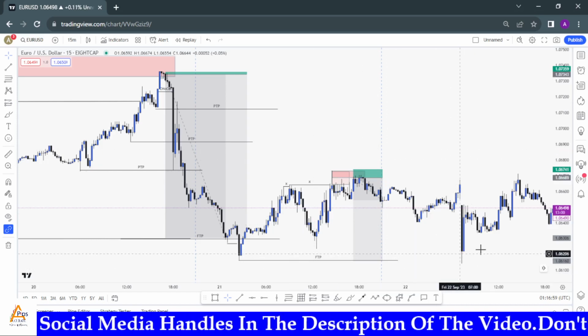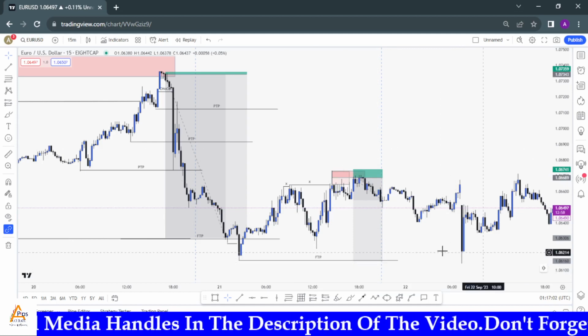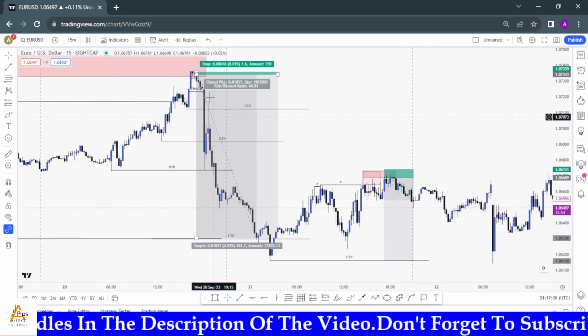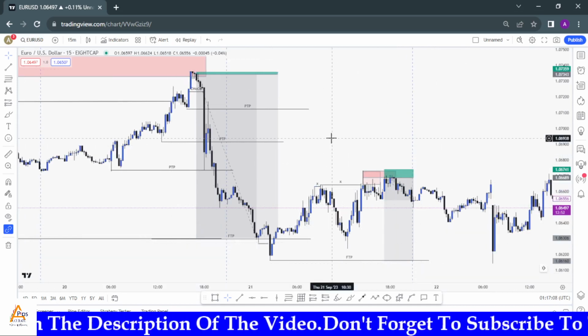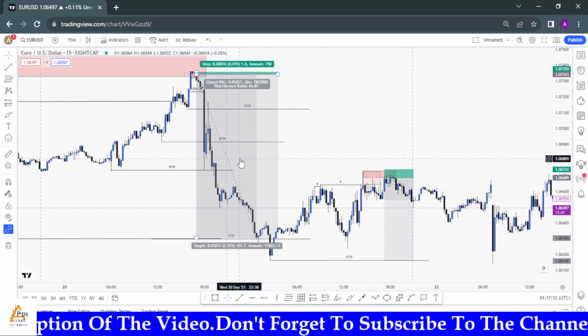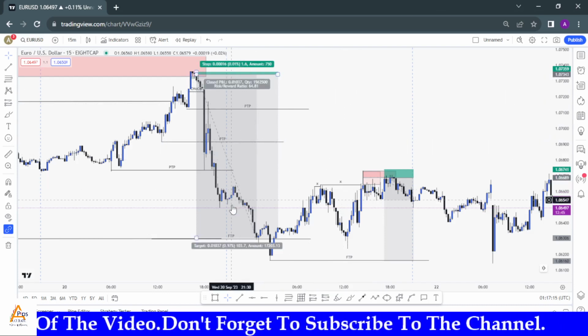Later on, price hit my final TP, as you can see here, and last week basically these were the 2 trades I took, because I hit my target with those trades this week.